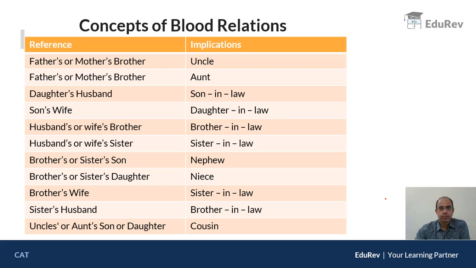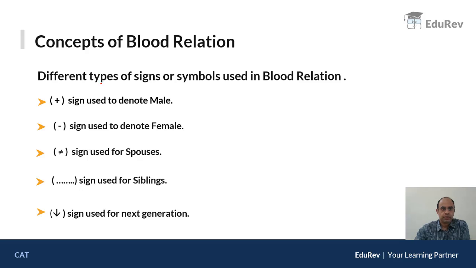Now just for a reference point, I have given this relationship chart. You need to go again and again so that you are crystal clear with different types of relation in English language. Fine. Just go through it and revise those. Similarly, I'll be using different symbols to denote different relationship as well as different person.